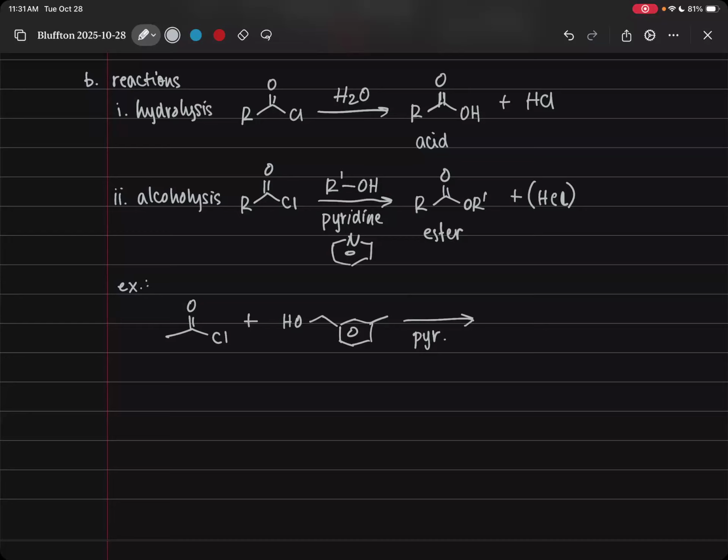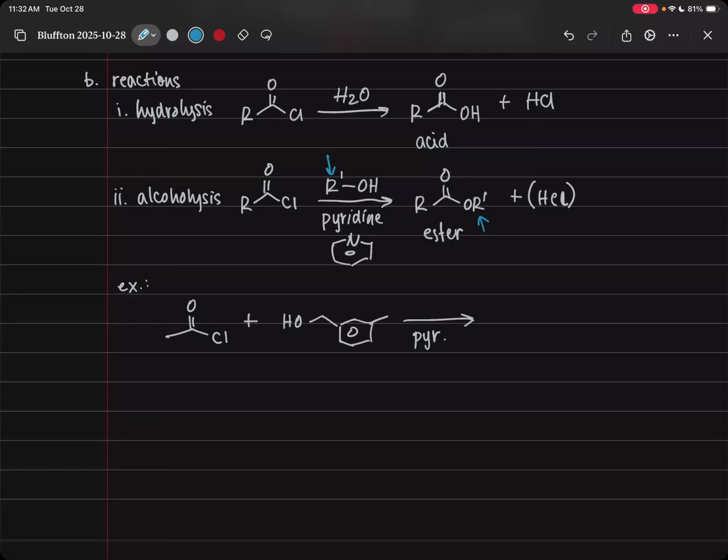Well, what are we going to do? The chlorine's going to go away as HCl, and we're going to make a bond between the R group, or rather the oxygen that's attached to the R group, so that R group is going to end up on the ester.